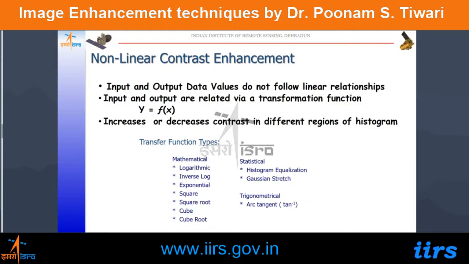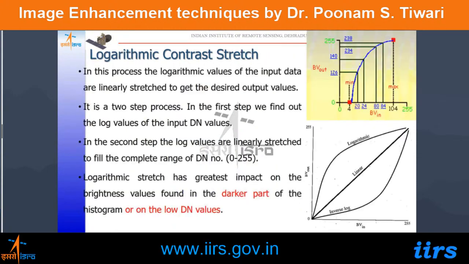As you can see here in the graphs, the logarithmic stretch transfer function shows that the maximum slope is in the lower part of the histogram, or darker brightness values. So we will conclude here that for logarithmic stretching, the dark part of the histogram would be enhanced to the maximum level.